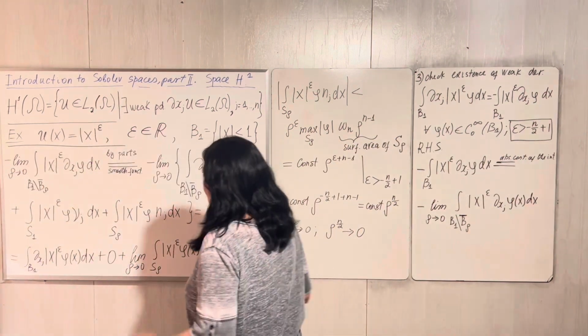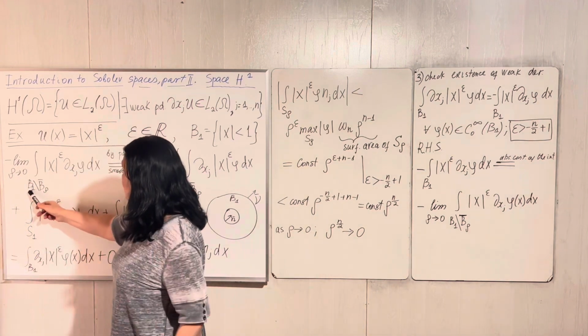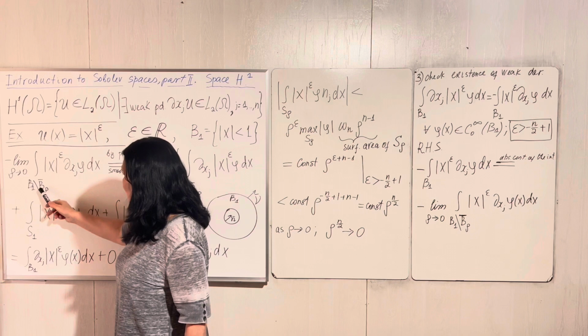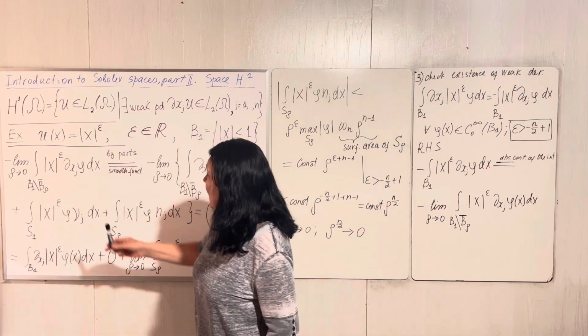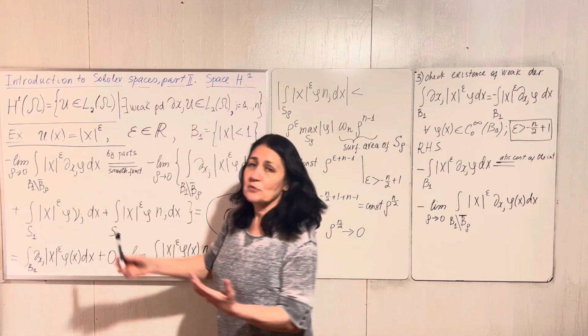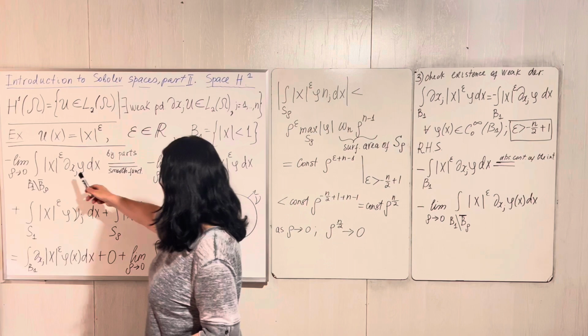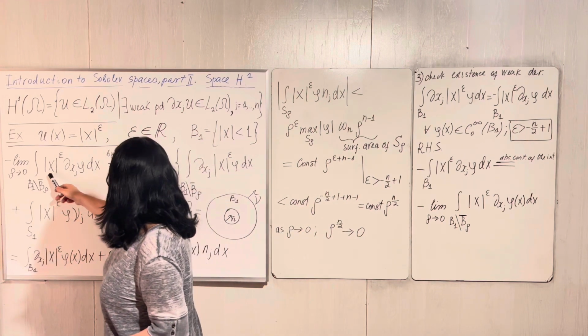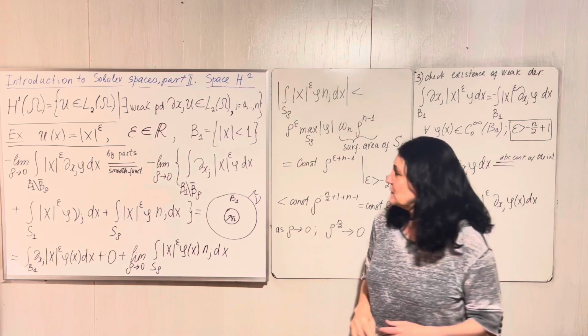So we have this limit, and I just copied it here. After we cut out the origin, our functions here are smooth, so there is no singularity. We can actually use integration by parts.